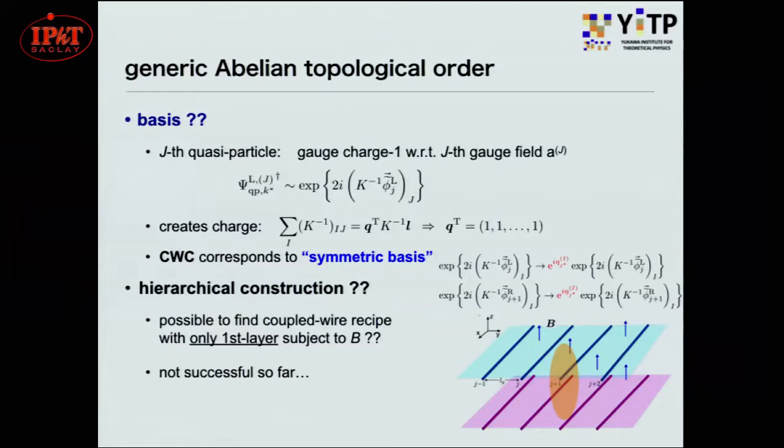If you calculate the charge created by this quasi-particle excitation, we get this result. Basically, this is given by the inverse of the K matrix. If you equate this result with the general expression of the Chern-Simons gauge theory, we see that the charge vector Q is given by (1, 1, 1, 1). Namely, the coupled wire construction we found corresponds to Chern-Simons gauge theory in a symmetric basis.